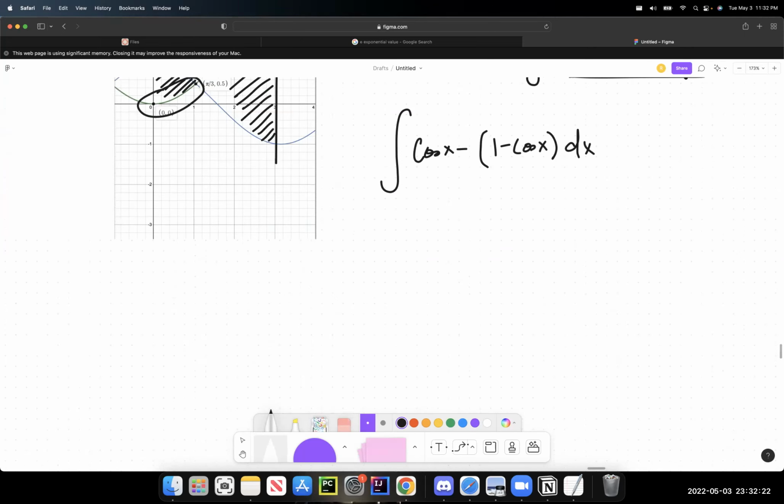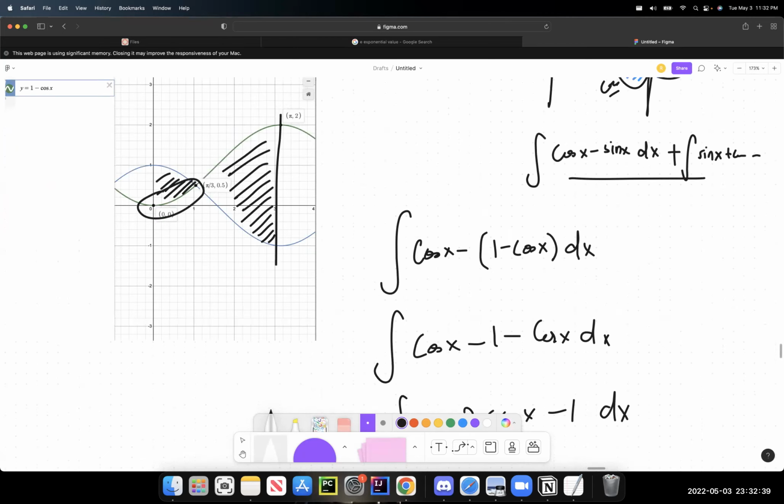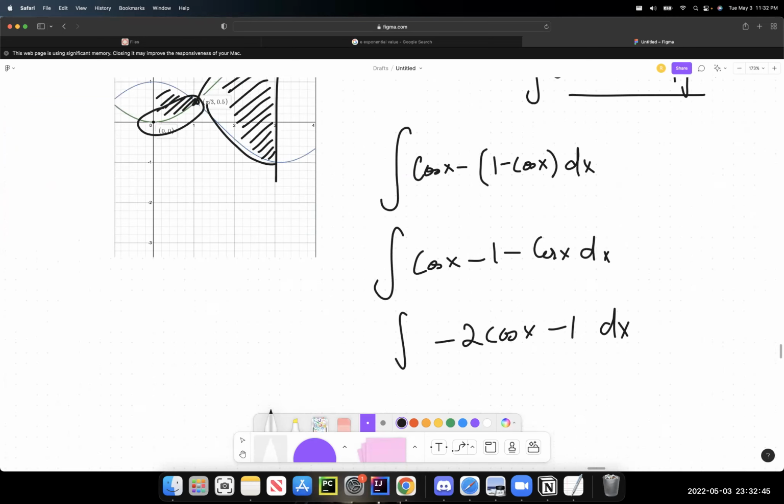And that comes out to cosine of x minus (1 minus cosine of x) dx, which is 2 cosine of x minus 1 dx. And then you're adding on the other area, and this integral would be taken from 0 to pi over 3.